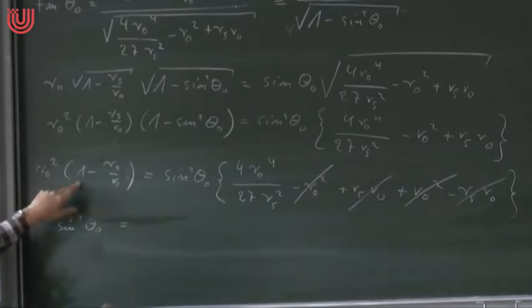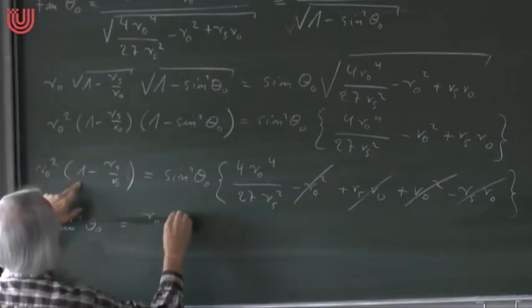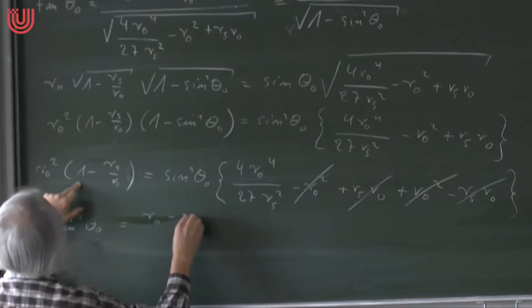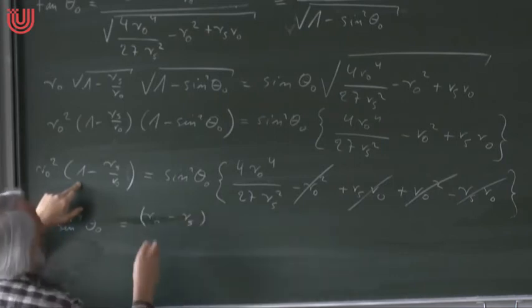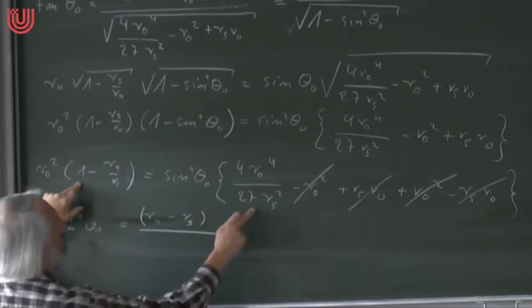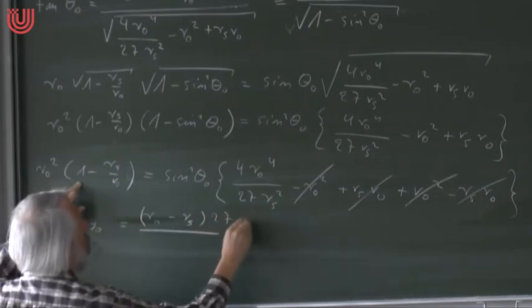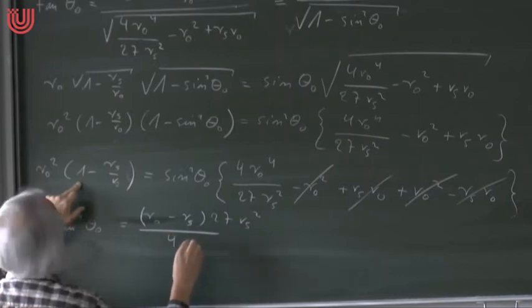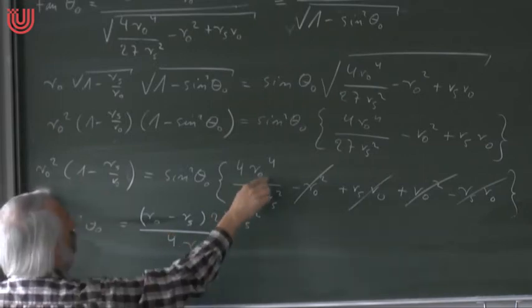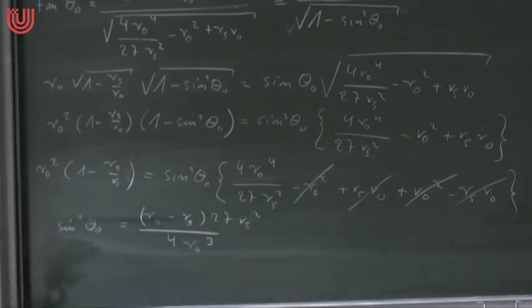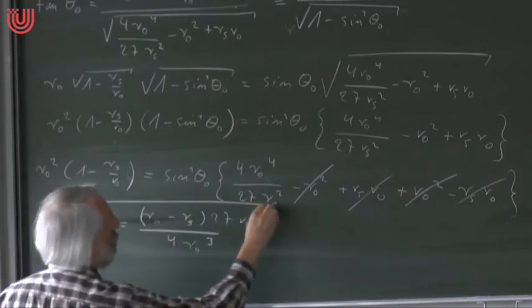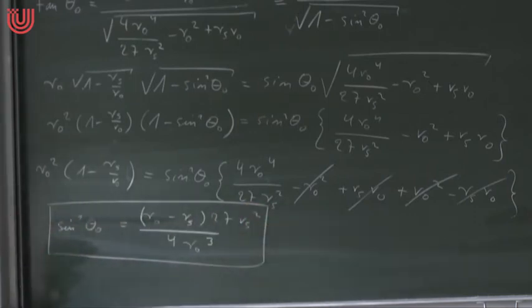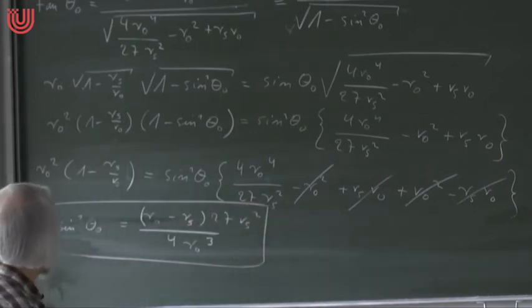I think I multiply this out, then I get R_O minus R_S. And from the other side, I have 27 R_S squared divided by 4 R_O cubed, right? Yes, that's it. And I think that's Synge's formula for what we now call the shadow of a Schwarzschild black hole.